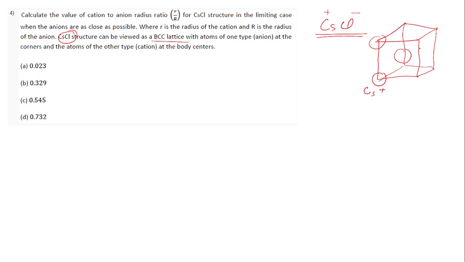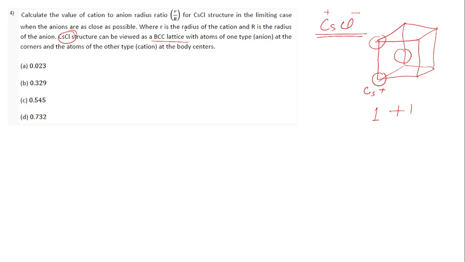So you can see overall it will be a neutral crystal, right? Because the Cs plus at all the corners will contribute in total 1, and the anion in the body center will also contribute 1. So overall this unit cell will be charge neutral. So this is the arrangement.